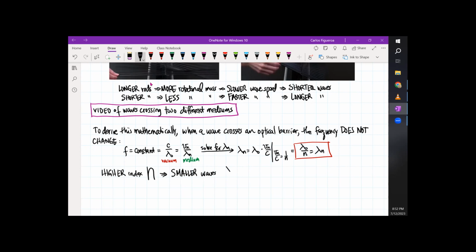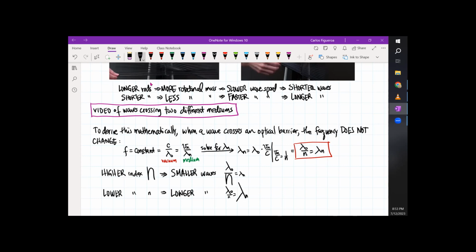So if I look at this, here's my wavelength in the vacuum. And if I have a higher index, let me make this larger, then the wavelength is going to be smaller. However, if I have a lower index, then I'm going to have longer waves because this guy is tiny, so then it's going to make this wave here.